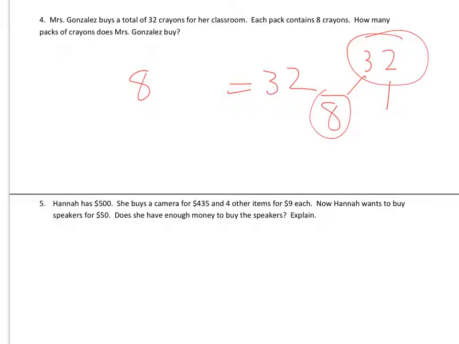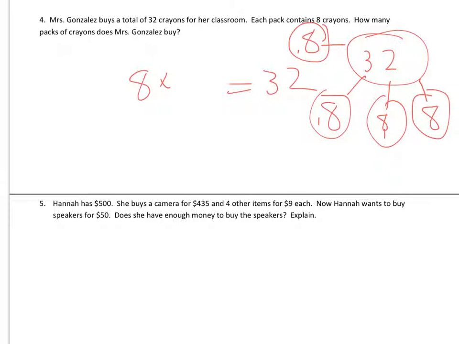And if I add 8 more, that's 16. 8 more is 24. And 8 more is 32. So 8 times 1, 2, 3, 4 is 32. So she buys 4 packs.